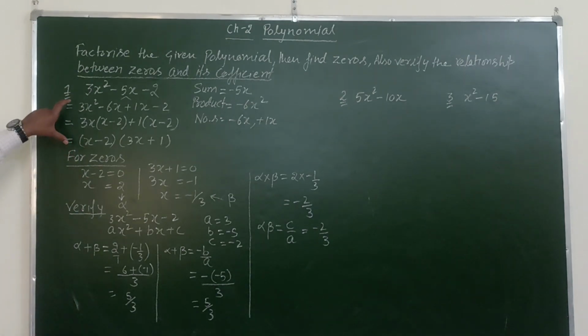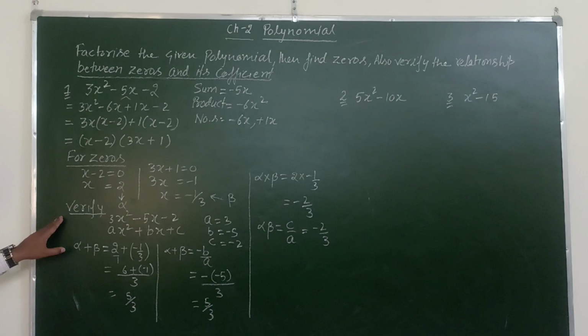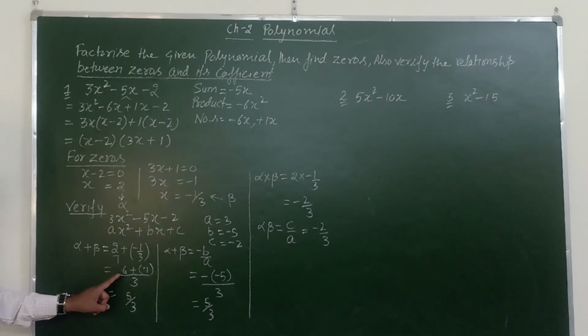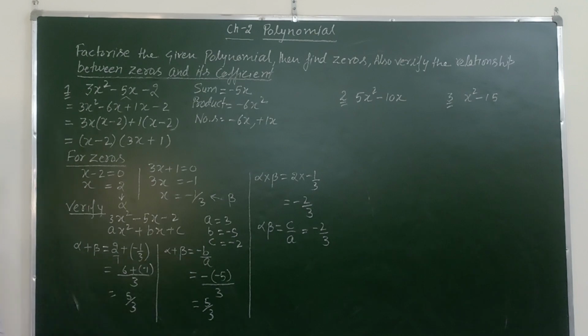So in this way, first we factorize the polynomial, find the zeros, one of them is alpha and the other one is beta. To verify, we have to find a, b and c first. Then we add these zeros, alpha plus beta. By adding, we will get 5 by 3, and directly with the coefficients, alpha plus beta is equal to minus b upon a.